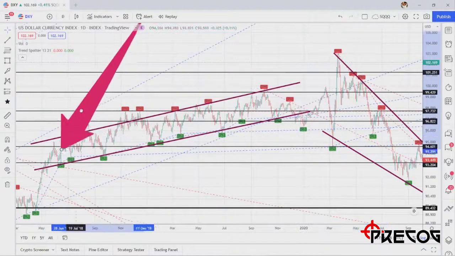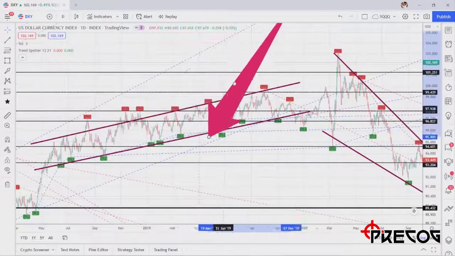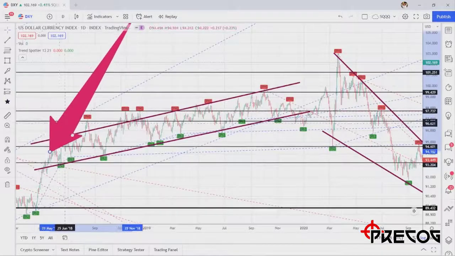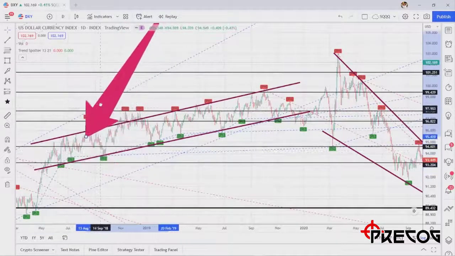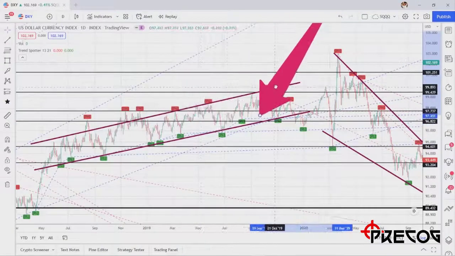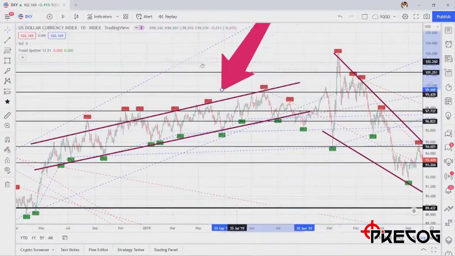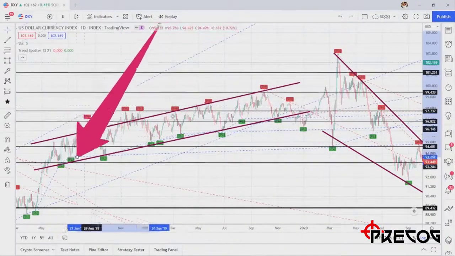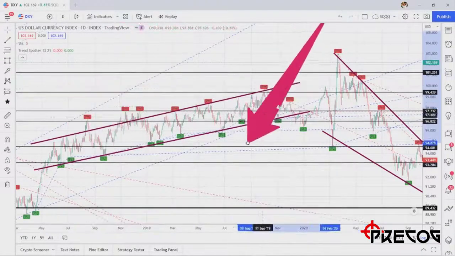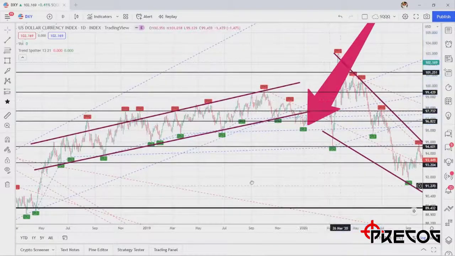I mean, this is what was called a rolling stock back in the day of trading stocks, where a stock would trade in a range, and you would short it at the high and you would long it at the low, short it at the high, long it at the low. Using these pivot high signals and the pivot low signals, this would have been a champion of a method to scalp or take quick profits.